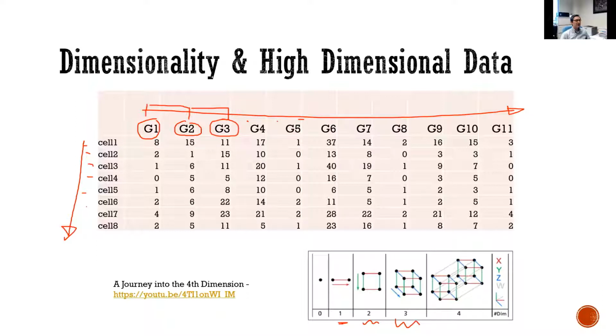In my teaching, I realize some of the students have difficulty understanding this dimensionality. So I'm going to give you a real example to illustrate my point. For example, you have this huge matrix, but now you only consider 2 genes.